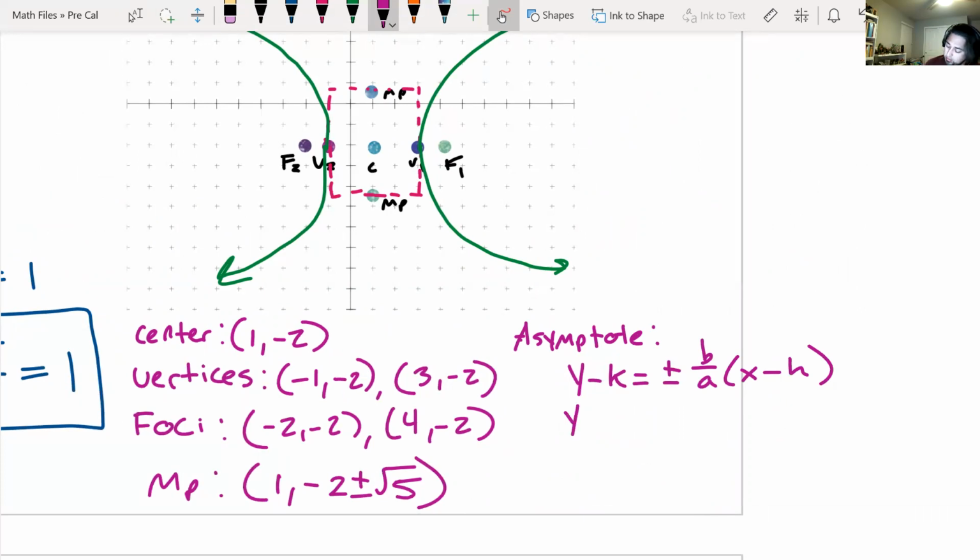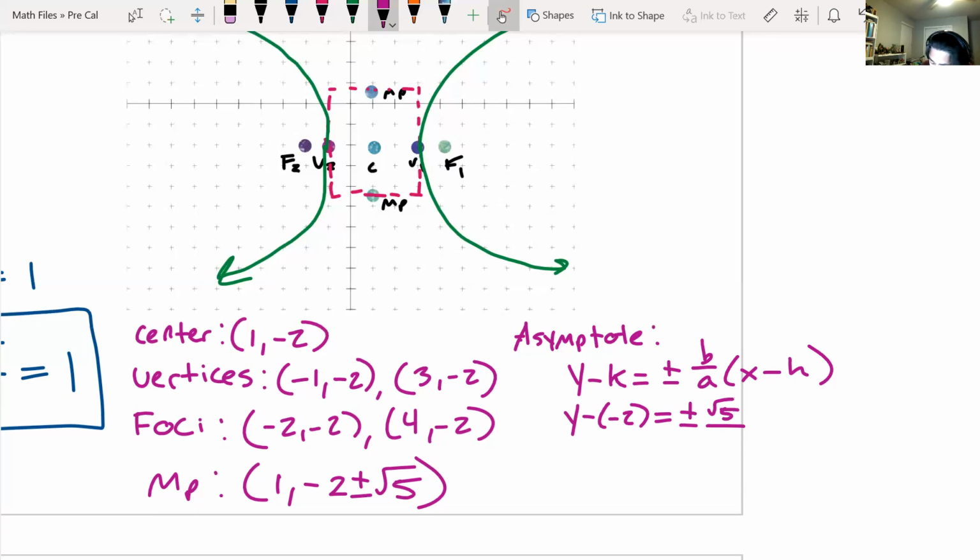So plug in the k value, the b value, which was the square root of 5, over a, which was 3, right?